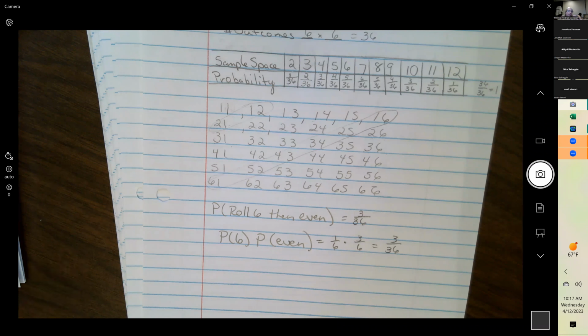So it's showing you another way when a sample space is too large: as long as they're independent of each other, you can take each separately and multiply them together. Any questions on that?